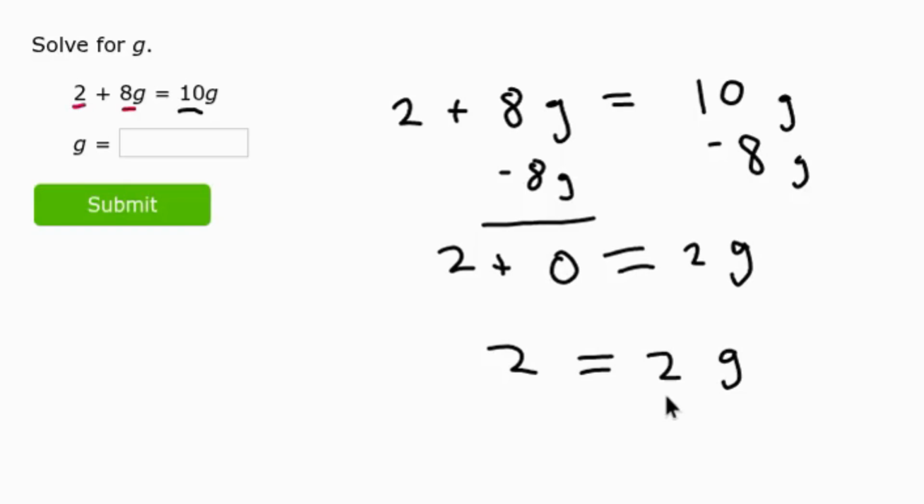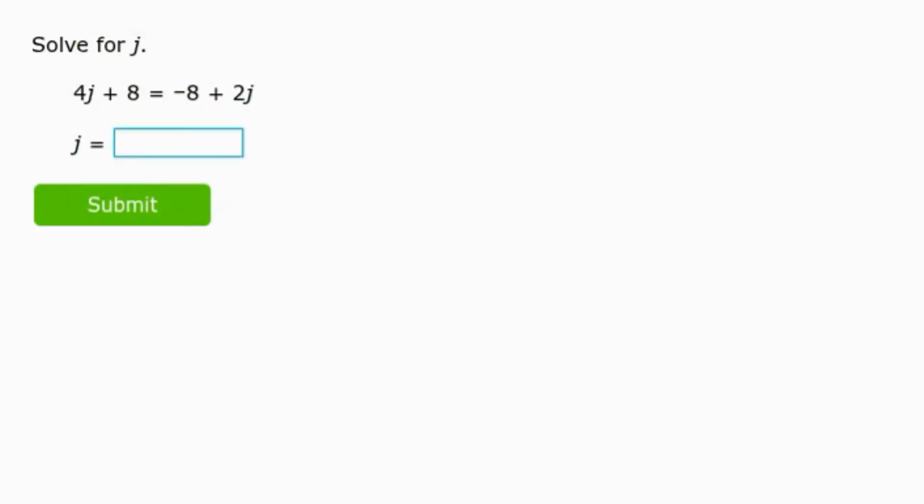So we divide by 2 on both sides. 2 divided by 2 is 1. So g equals 1. That's how we isolate the variable to get the answer.